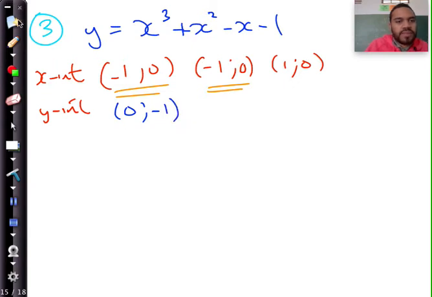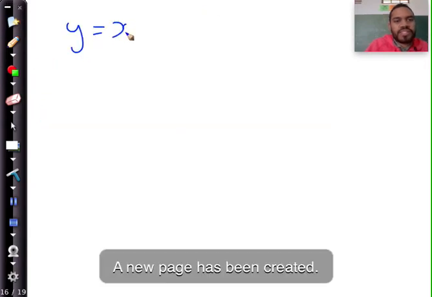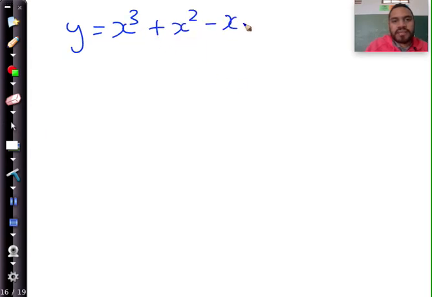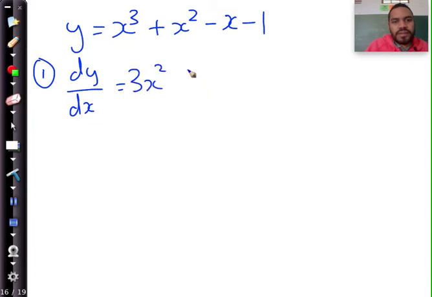Okay, let's quickly go through this process. This is y equals x cubed plus x squared minus x minus 1. Step 1 was dy by dx, which is equal to 3x squared plus 2x minus 1.